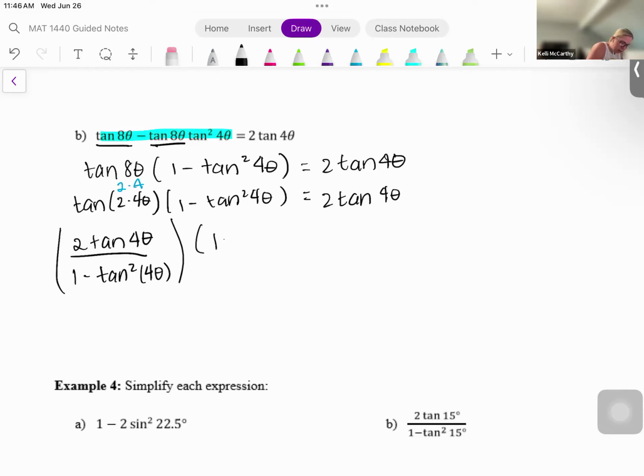This is being multiplied by 1 minus tangent squared 4 theta equals 2 tangent 4 theta. Both these expressions of 1 minus tangent squared 4 theta in the numerator and the denominator simplify to 1. So we're just left with 2 tangent 4 theta equals 2 tangent 4 theta, and we have verified that identity.